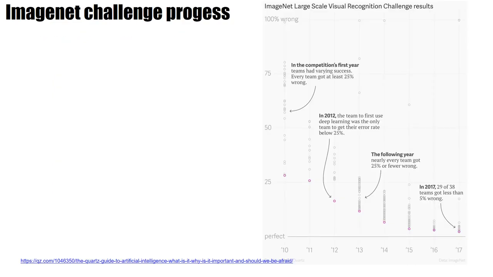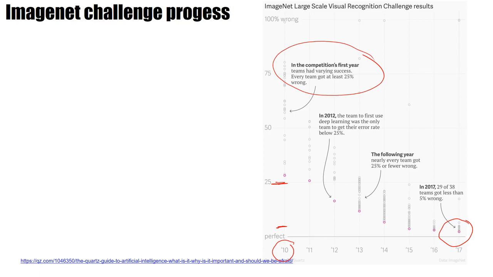And this is how performance evolved over the years. In 2010, which was the competition's first year, no team was below 25% wrong. Now, look a few years later, in 2017, 29 out of the 38 teams had less than 5% wrong.